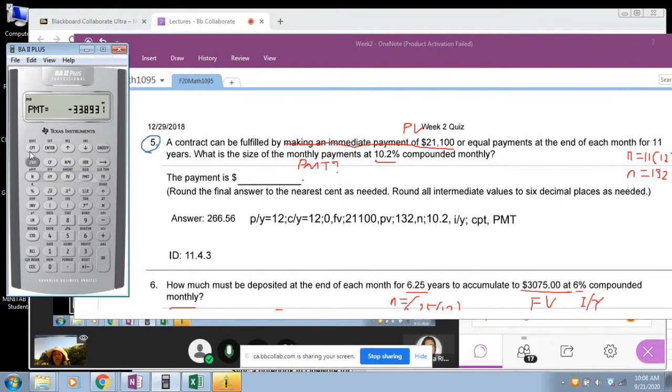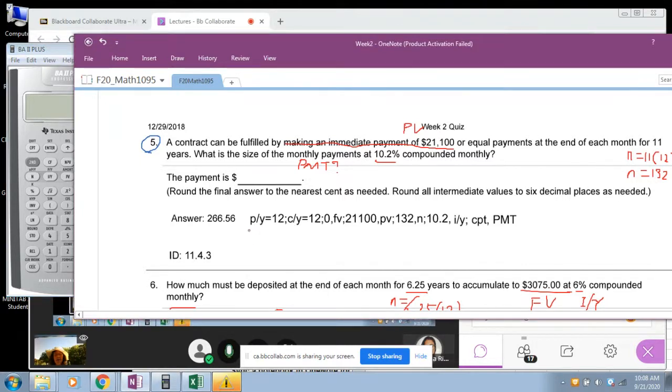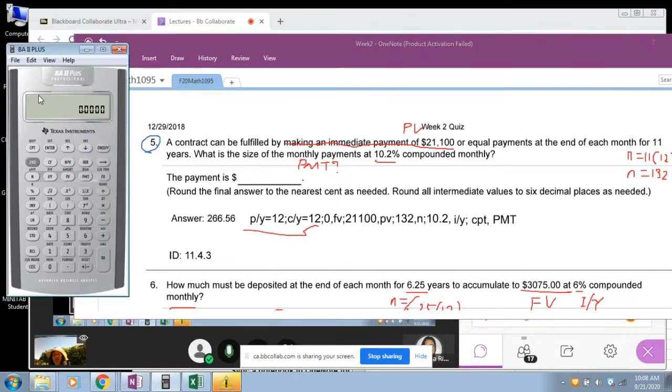So second, quit to clear any previous entries. Second, quit. And then PY equal to 12, CY equal to 12. So second, PY 12, enter, and use down arrow key. CY is 12, enter. Second, quit. Okay.